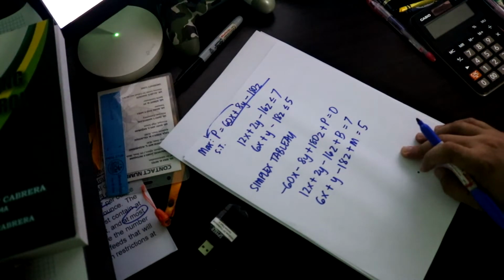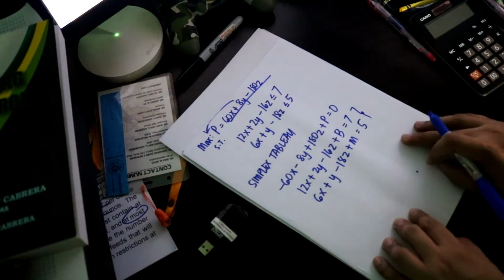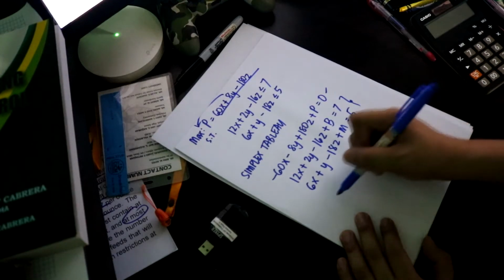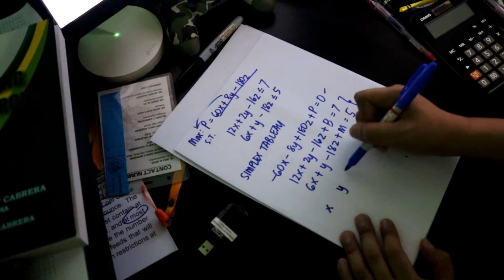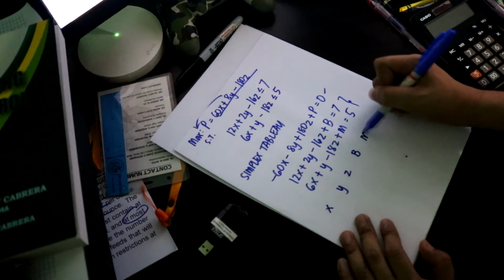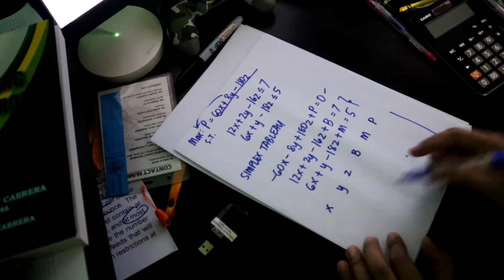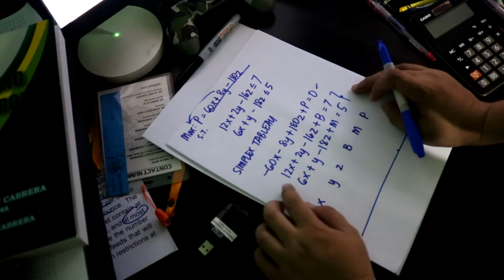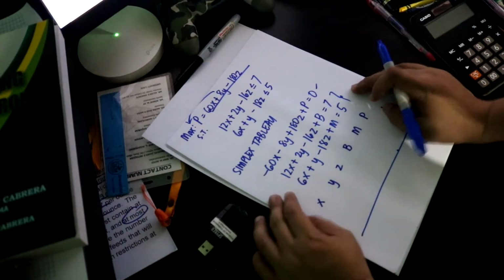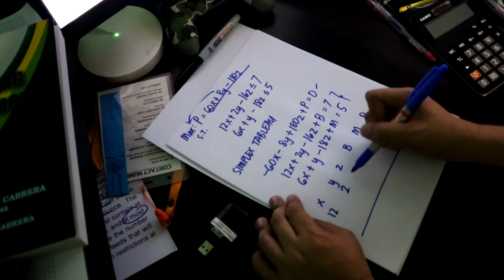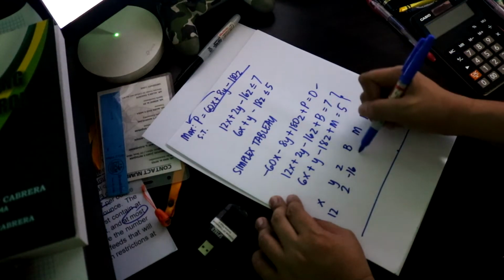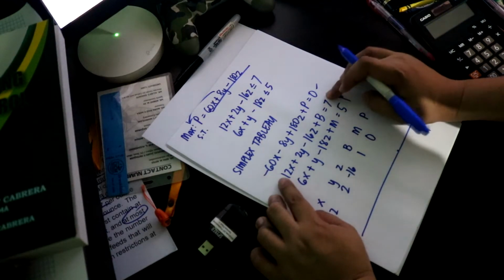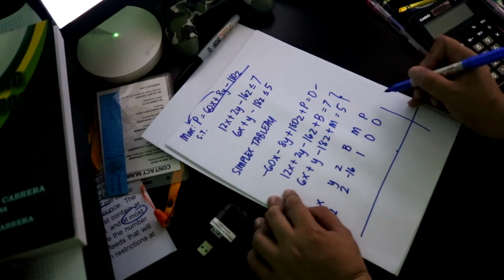And now we're ready to create our Simplex Tableau, beginning with the constraints first, and then this one will become last. So let's label x, y, z, the slack variables b and m, and then p. We begin with the constraints. So 12, 2, negative 16, 1, we have no m's here, we have no b's here, we have no p's here as well, and then 7.